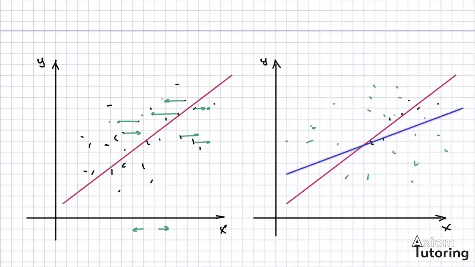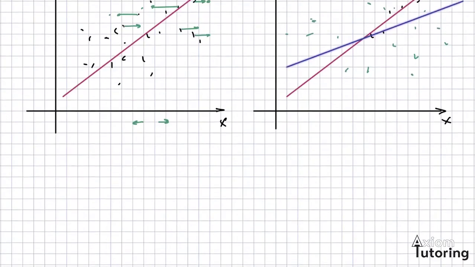For instance, if we were to make a ruler analogy, imagine estimating the relationship between height and weight. Every ruler has random errors. Some heights are measured too short, some too tall.